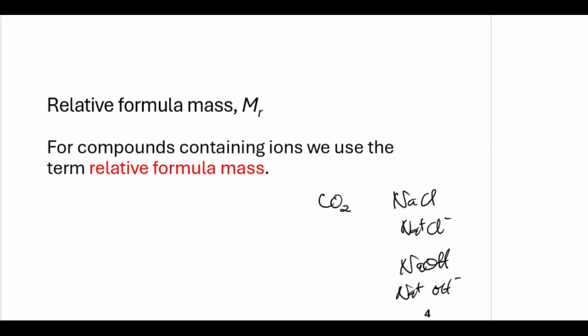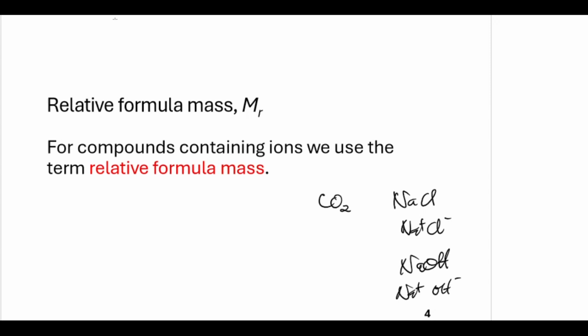For compounds like this, we use relative formula mass to represent them. We don't say relative molecular mass because they are not molecules. But as for the units, if it doesn't have any unit anyway, the symbol is going to be the same thing.